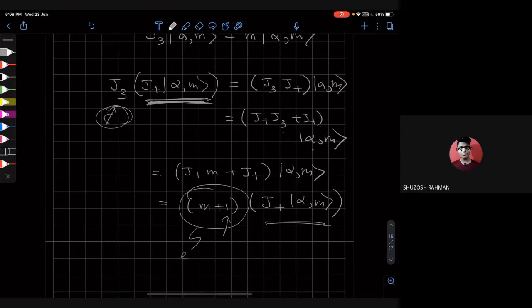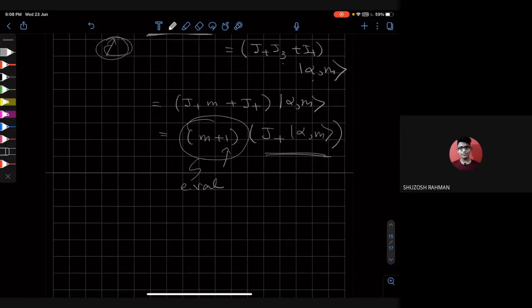Okay? So that means that this state, J plus alpha M, is an eigenstate of J3 whose M eigenvalue is M plus 1. And of course, it has to be proportional, and there's some proportionality constant C M plus 1.